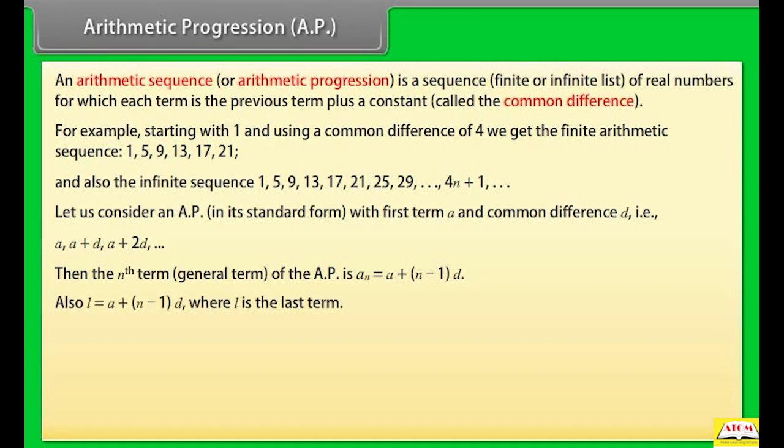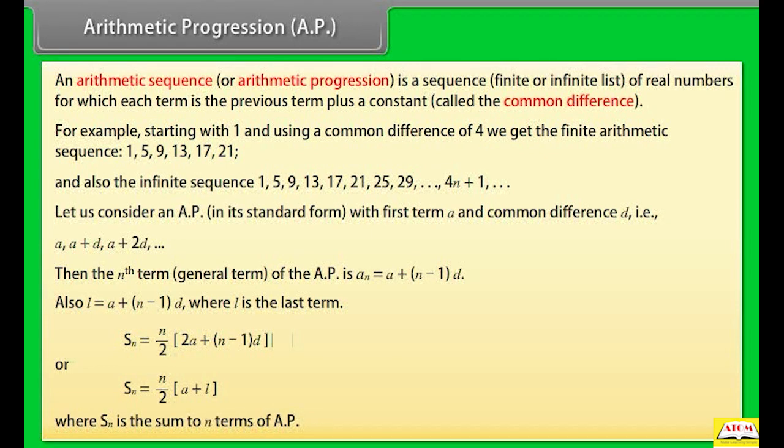Also, l = a + (n − 1)d, where l is the last term. Also, Sn = n/2 [2a + (n − 1)d], or Sn = n/2 (a + l), where Sn is the sum to n terms of an AP.